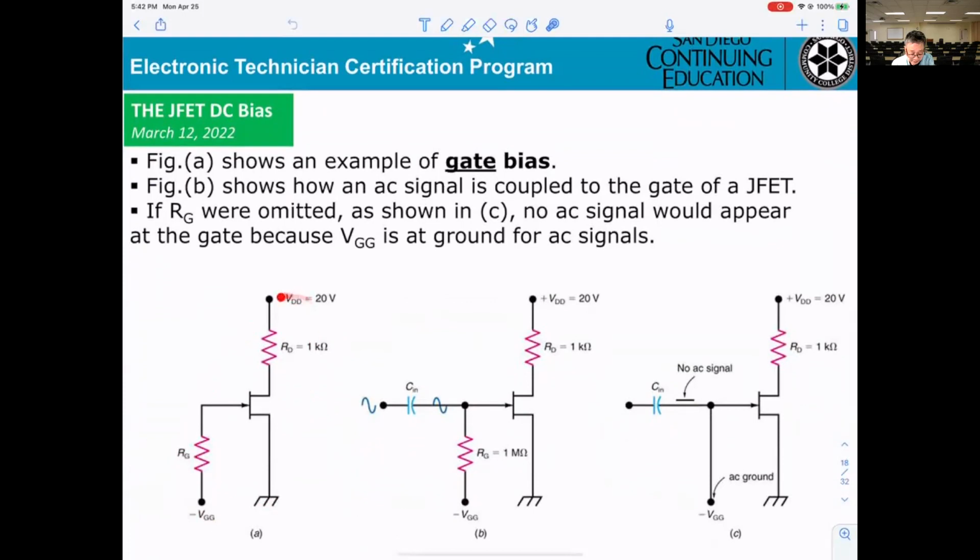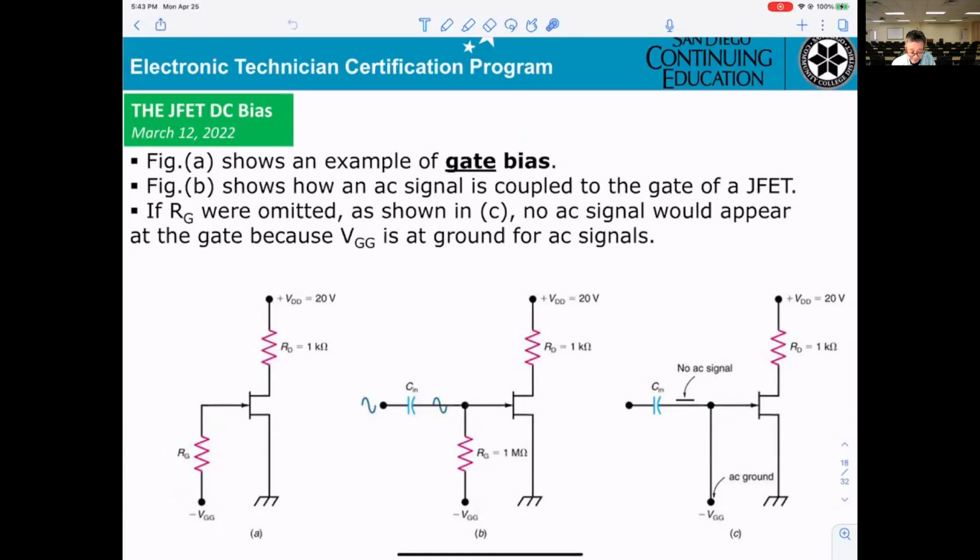This circuit shows you the gate bias, or fixed bias. That means you have the gate, drain, and the source, and you get VDD 20 volts. And also RG here, or RB, whatever label, and you get a negative voltage here.